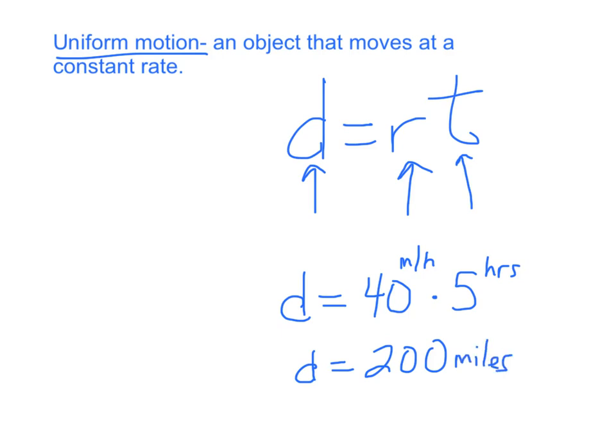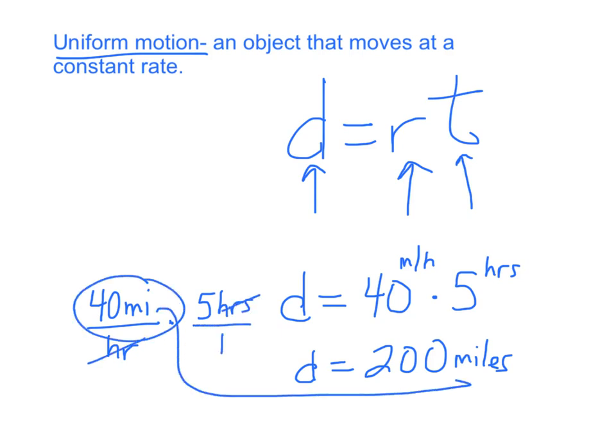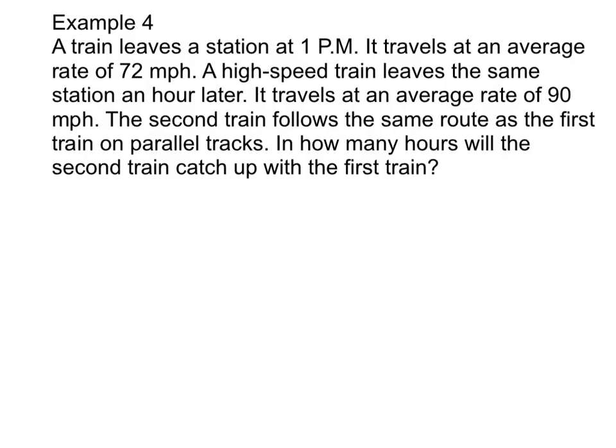That's it. Now you're like, where'd the miles go? Or where'd the hours go? Remember, if you're doing 40 miles per hour, this is just like the problems we did, times 5 hours, look what happens. Hours cancel. So that's why you're left with the label of miles.